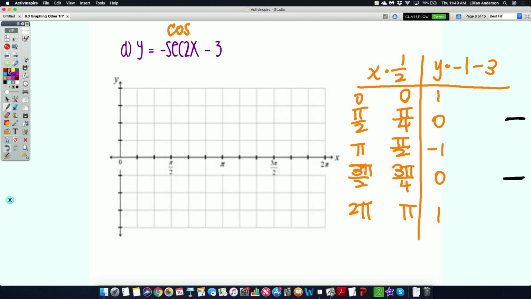But this graph is getting flipped and it's getting moved. So when I multiply 1 by negative 1 and subtract 3, what's the value? Negative 3, negative 2, negative 3, negative 4. Let's get those values in.